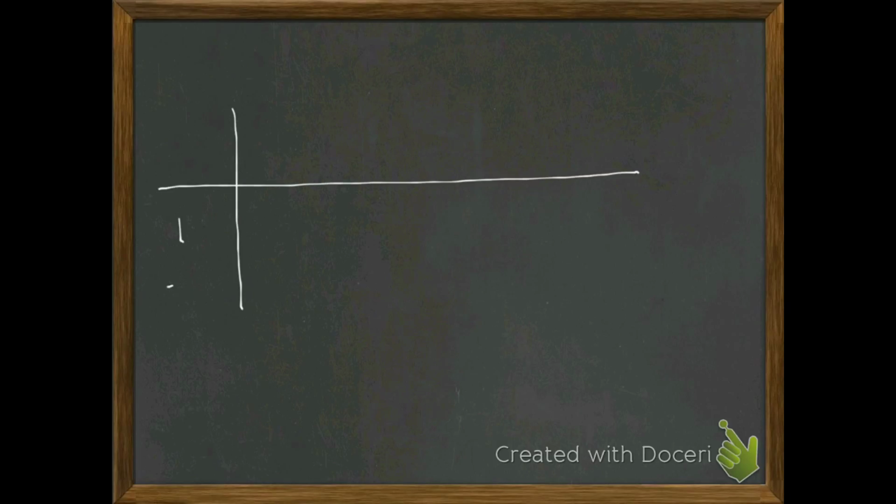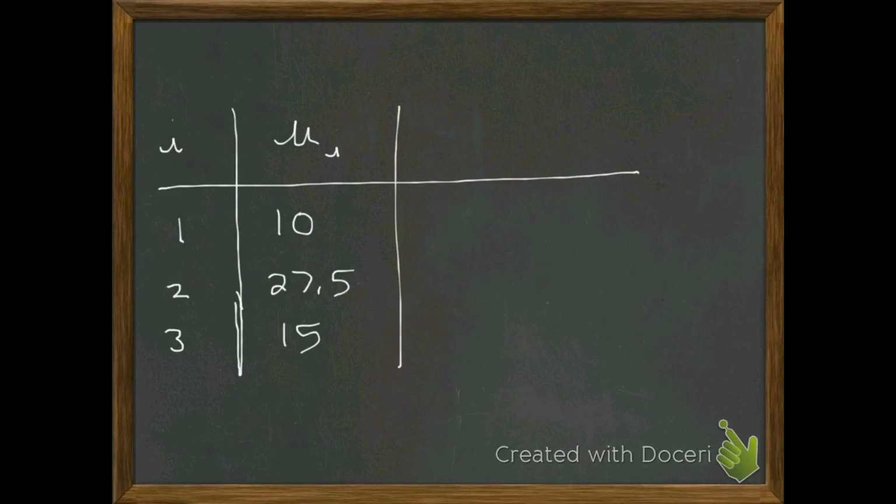For our first, second, and third ordered pairs, our mean responses were 10, 27.5, and 15. But our actual y values were 5, 12, and 10.